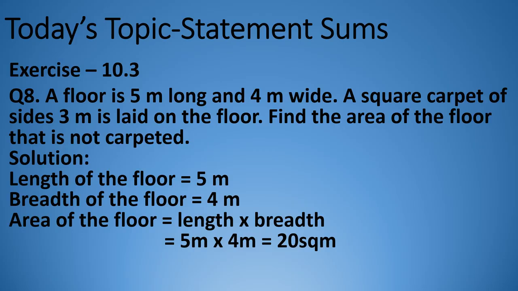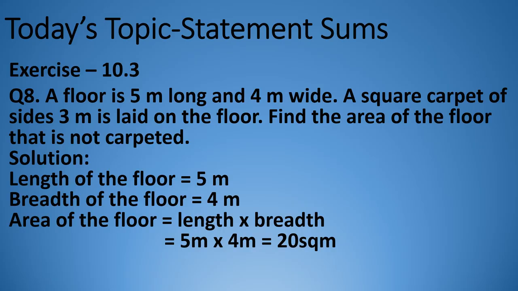Question number 8 is, a floor is 5 meter long and 4 meter wide. A square carpet of sides 3 meter is laid on the floor. Find the area of the floor that is not carpeted.